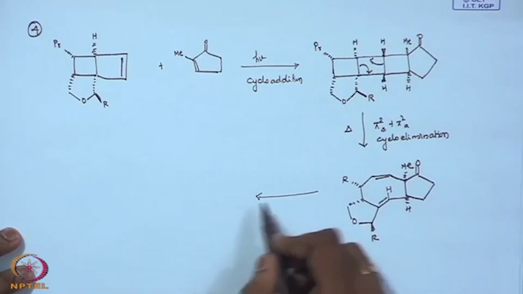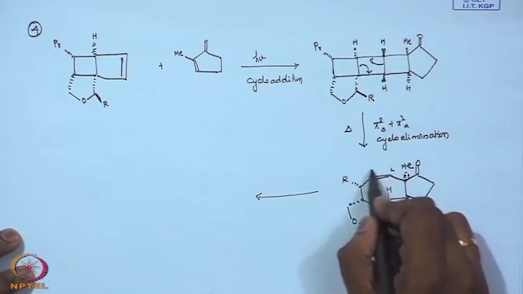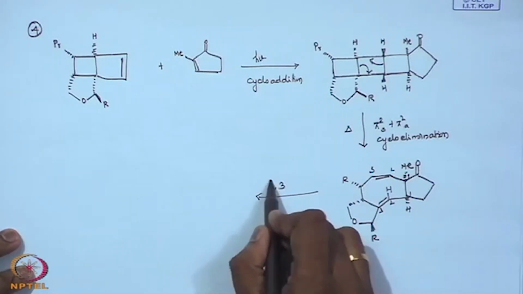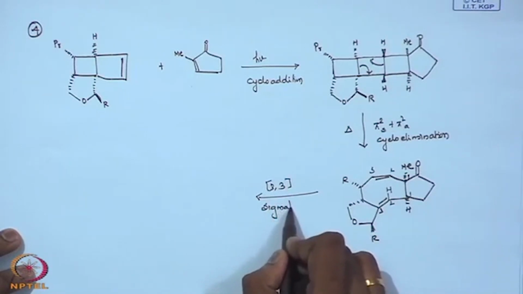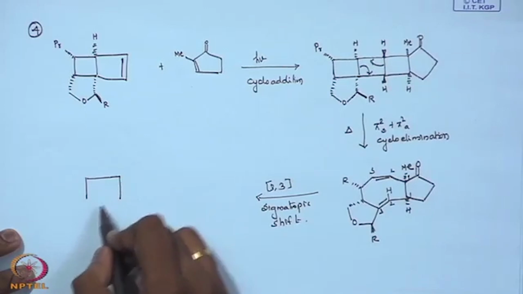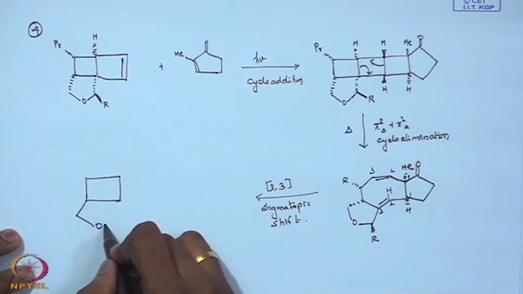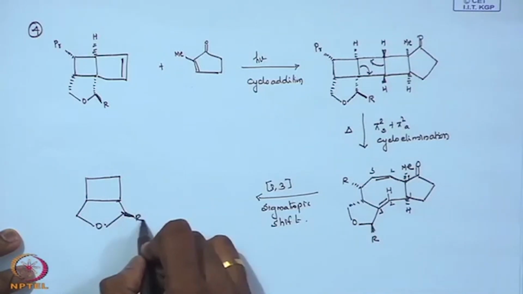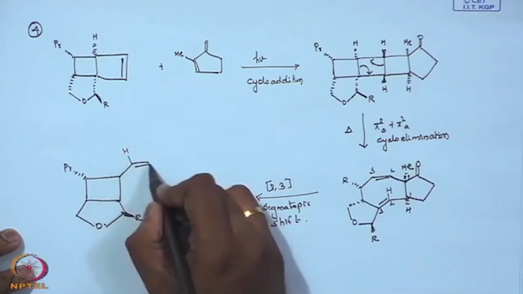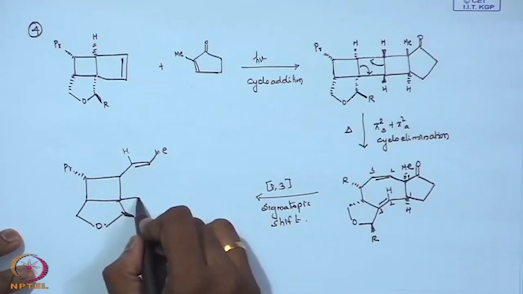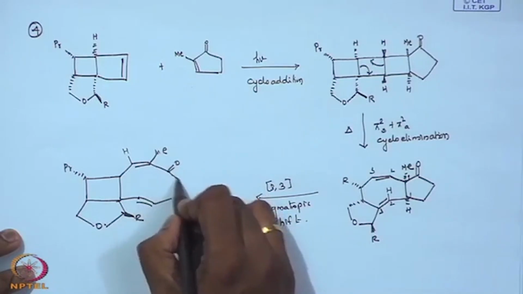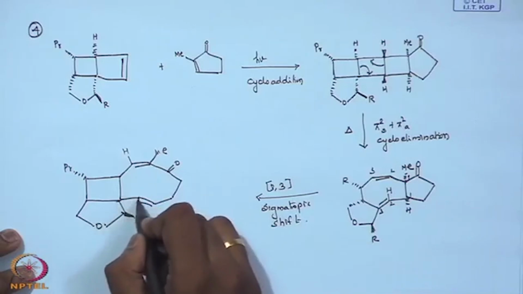Yes, very good. So you can have a 1,2,3 sigmatropic, so 1,2,3 and 1,2,3. You can have a 3,3 sigmatropic shift, to give you propyl, so you get your product.